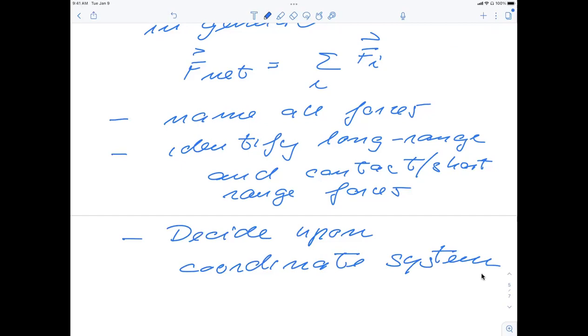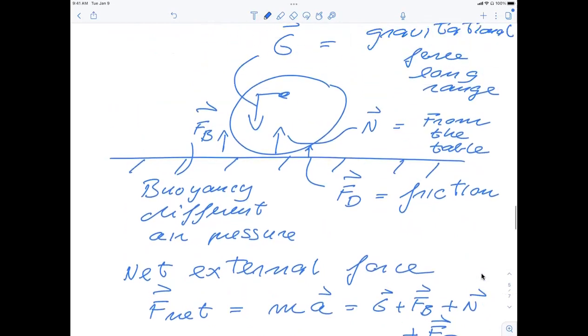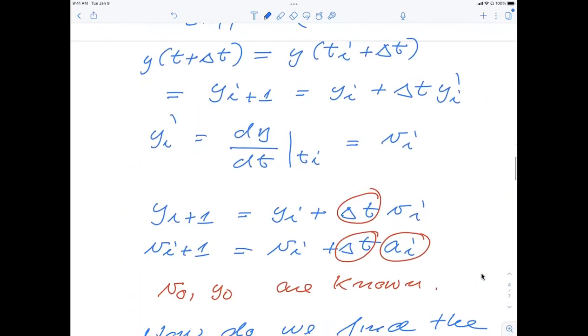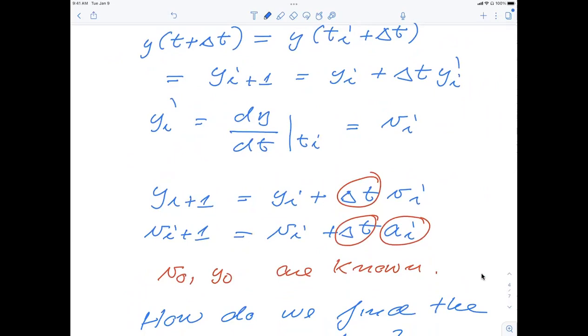Then you can go back and solve the equations. When you found the forces, you have the acceleration, and then you can start solving the problem.